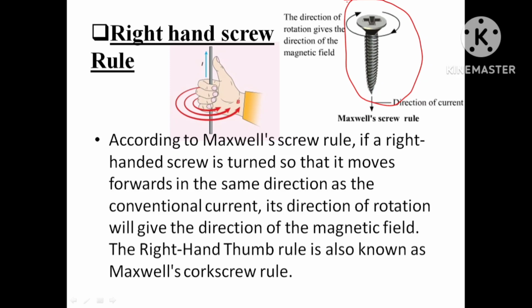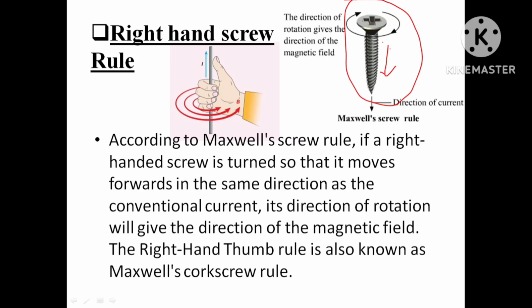At the time of turning this screw, if your grip is in the direction of rotation, the screw will go forward, and your thumb will be in the direction where the screw is going.